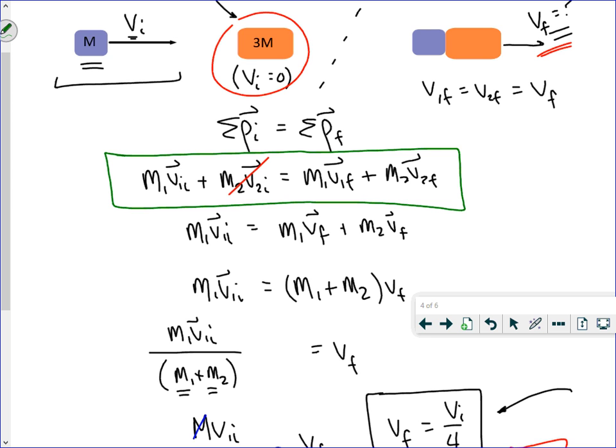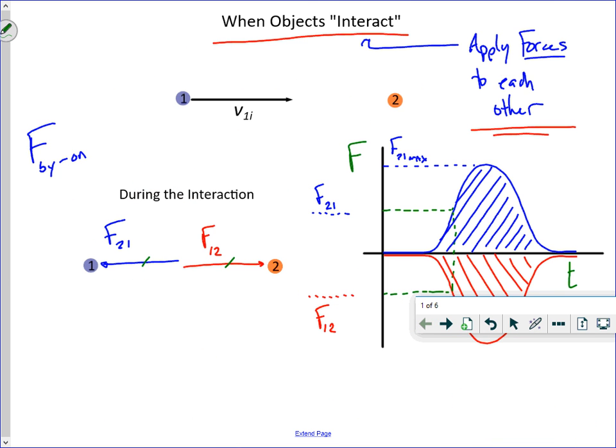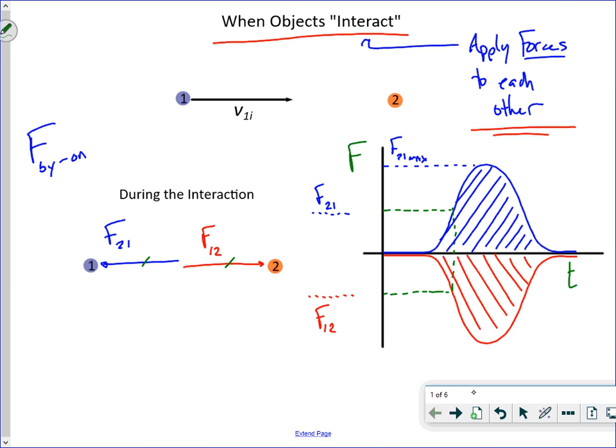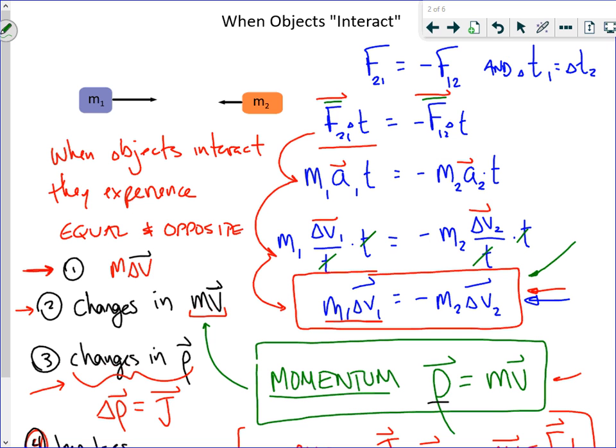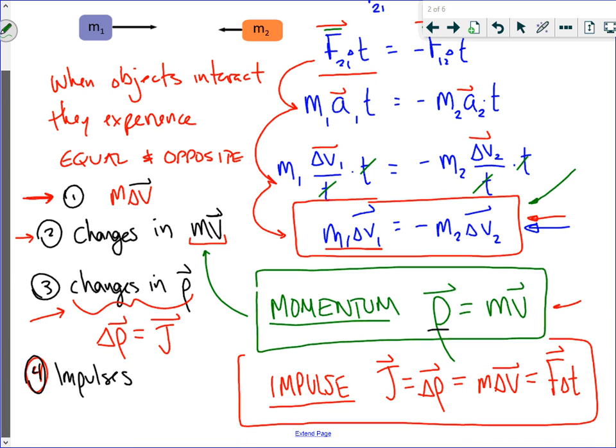And that comes from the idea that when objects interact, they apply equal and opposite forces to each other for the same amount of time. That allows us to develop this phrase and idea of change in mv, and then the definition of what you want to call this thing mv that's changing. Let's call it momentum.